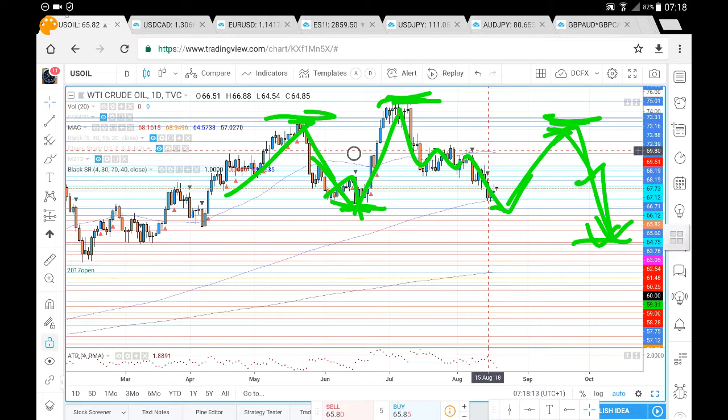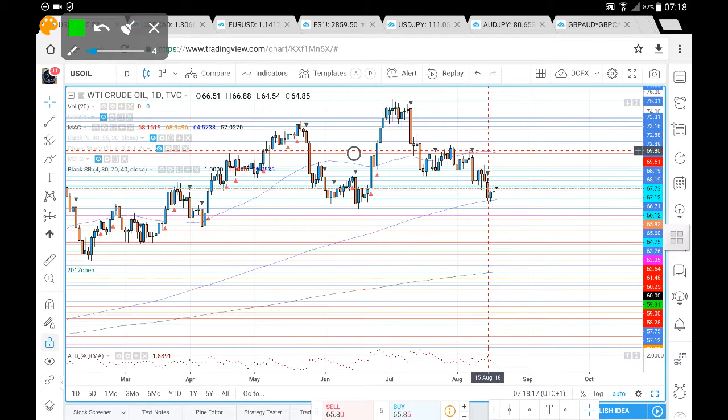Now, with that said, that's if we were to require a few scenarios to play out to find that support in around 63.62 and then encounter resistance around $72-73 a barrel for that move all the way back down towards that $60 a barrel. So quite a few things would have to happen for that to happen. At present, there's quite a few variables I have to factor in for that to happen.